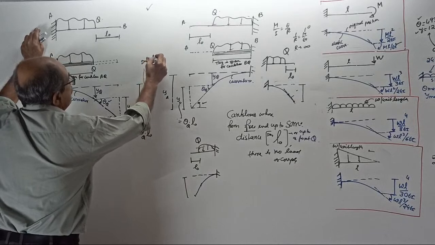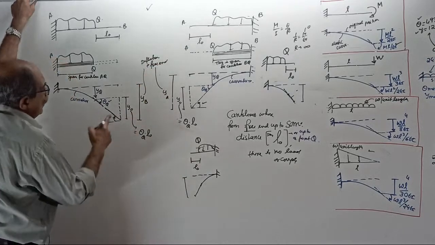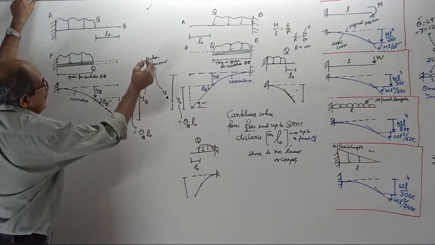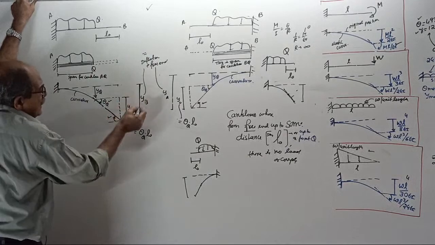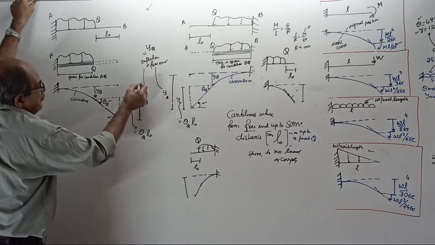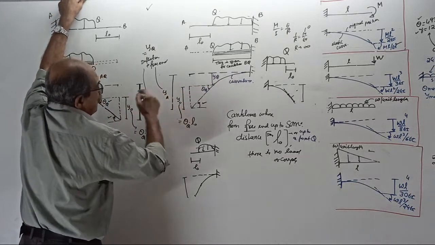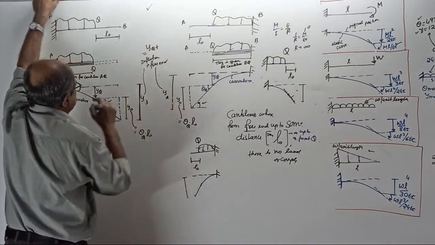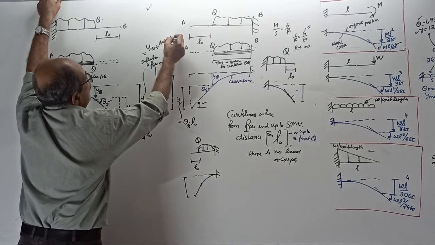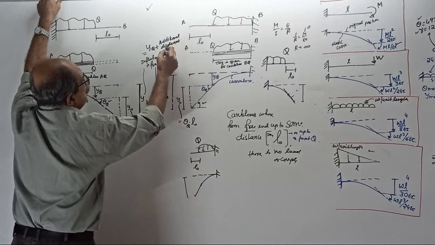Therefore, this is deflection at free end. For both the cases, here YB, here YA. Deflection at free end equals deflection at Q, for both the cases, plus additional displacement due to what?